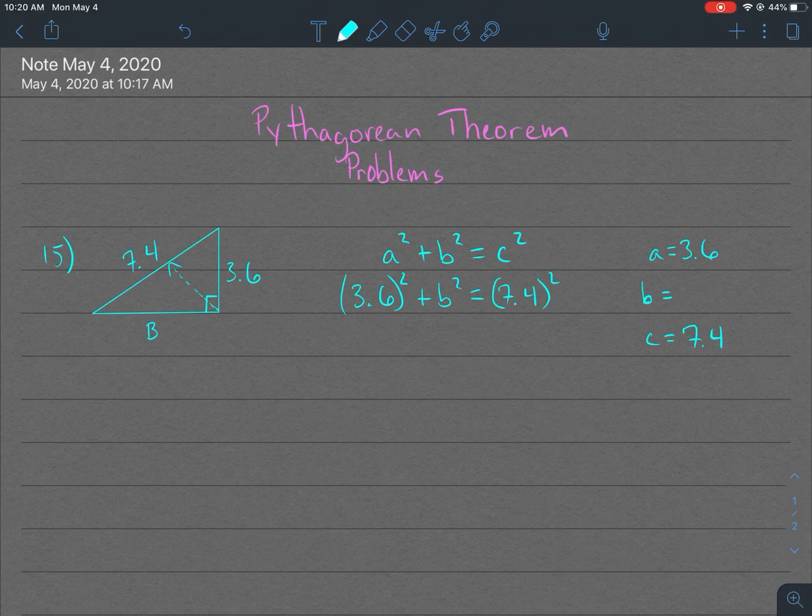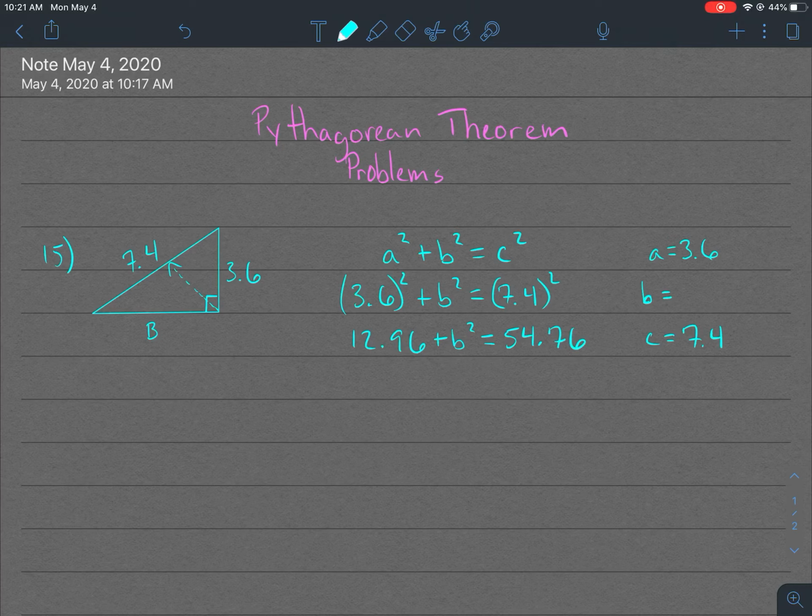So if you type in 3.6 times 3.6 inside your calculator, which is exactly 3.6 squared, you get 12.96. Then plus your b squared comes down, equals, and then you have to do 7.4 squared. Well, 7.4 squared in the calculator is 54.76.